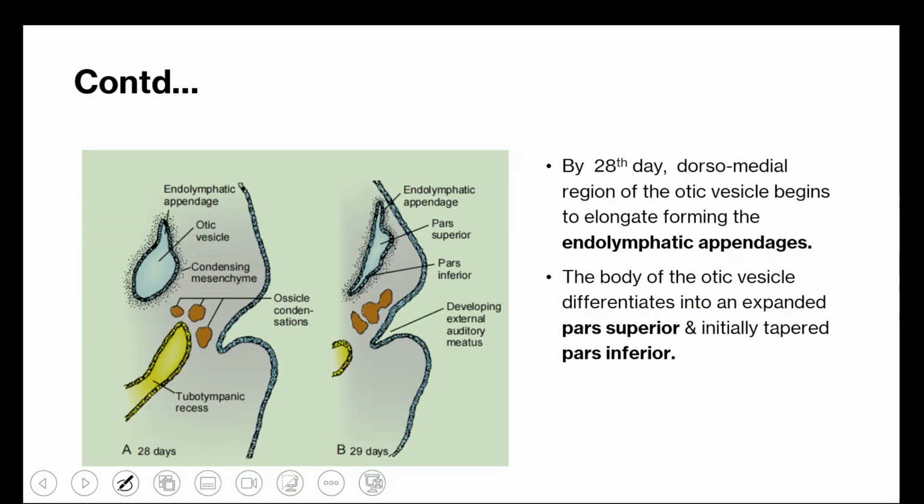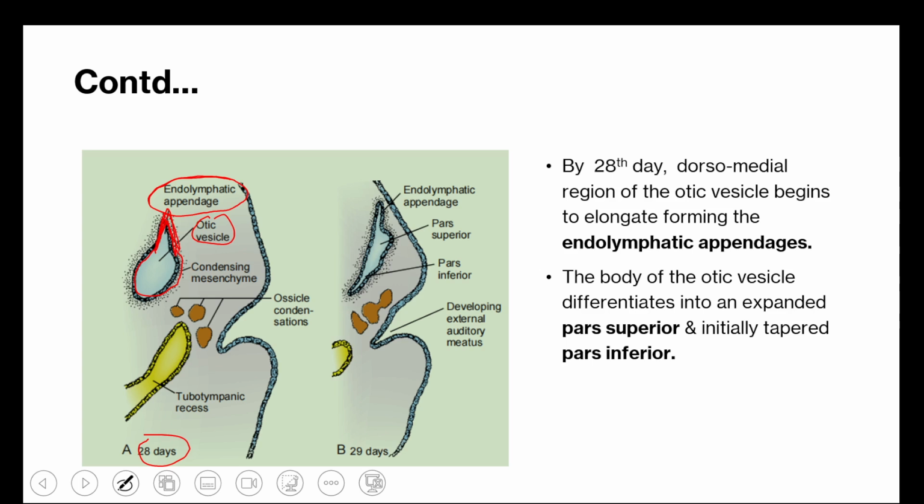So let's appreciate this from the figure. Here you can see the otic vesicle, and by day 28 there is elongation of the dorsomedial region of the otic vesicle, forming the endolymphatic appendages.